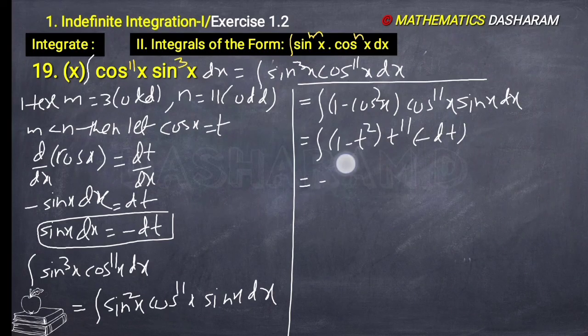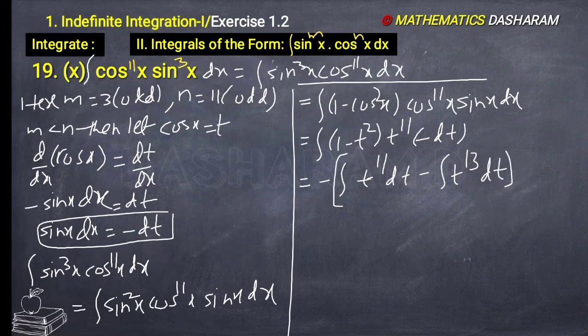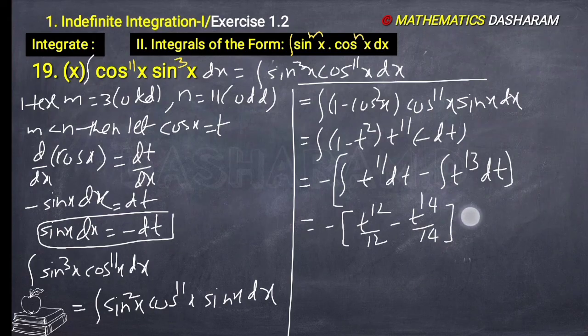So it is equal to minus integration t to the power of 11 dt minus integration t to the power of 13 dt. Then minus, t to the power of 12 by 12 minus t to the power of 14 by 14 plus c. Multiplying the minus inside, we get t to the power of 14 by 14 minus t to the power of 12 by 12 plus c.